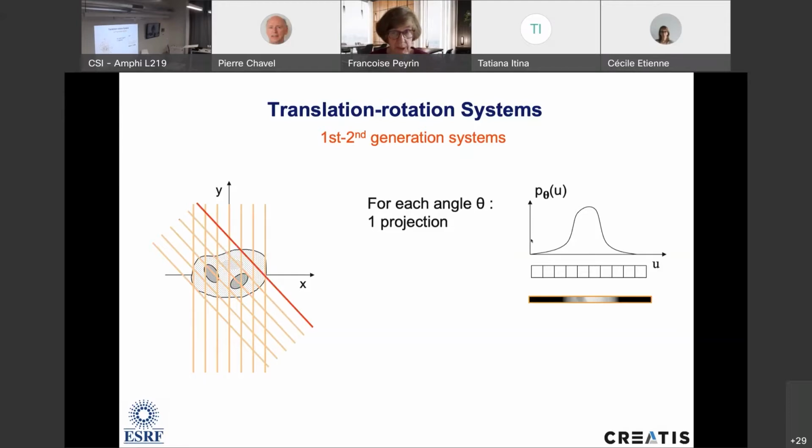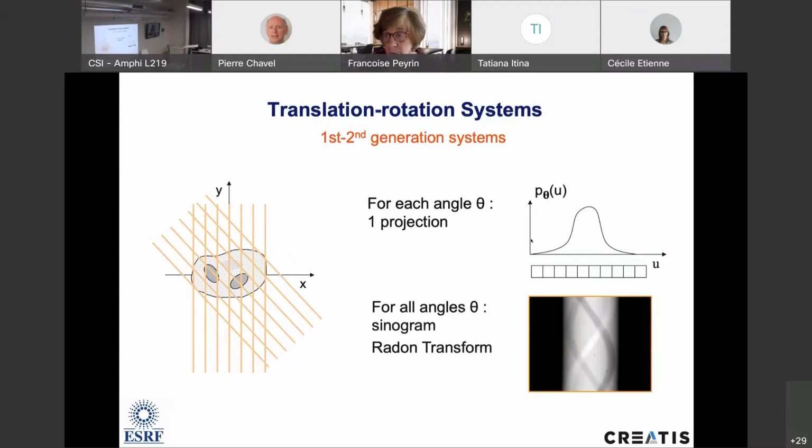It's why you have this name, translation rotation, and you get a second line of measurement. And you do that for all angles from 0 degree to 180 degrees. And when you do that for all angles, you get a series of projections for all angles theta, which is the rotation angle, and you get this set of data.